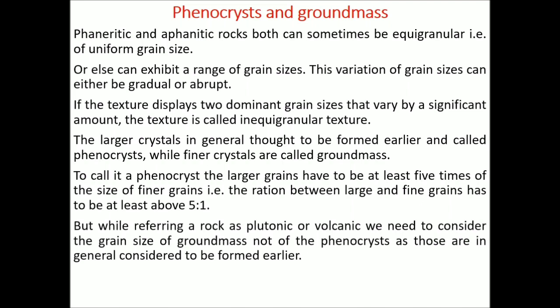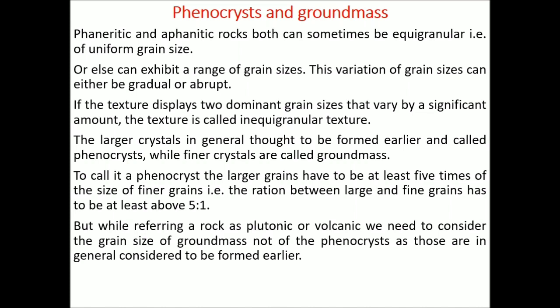And then, while referring to a rock as plutonic or volcanic or hypabyssal, we need to consider the grain size of the ground mass, not of the phenocryst, as those are considered in general to be formed earlier. So at the time of final crystallization, the ground mass carries most of the signature of that rock. So that is why the grain size of the ground mass is actually referred to as the grain size of that rock.